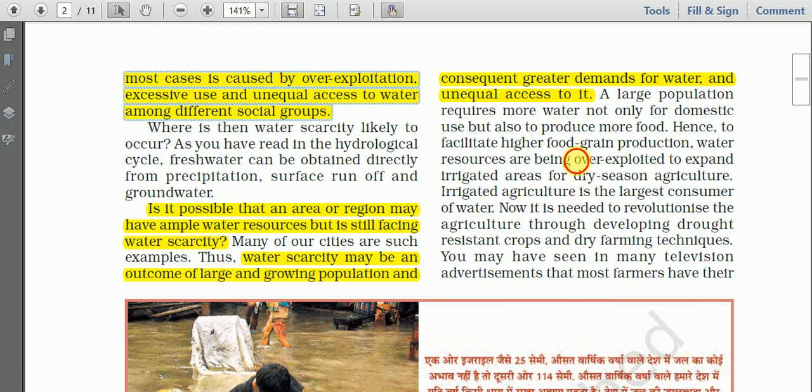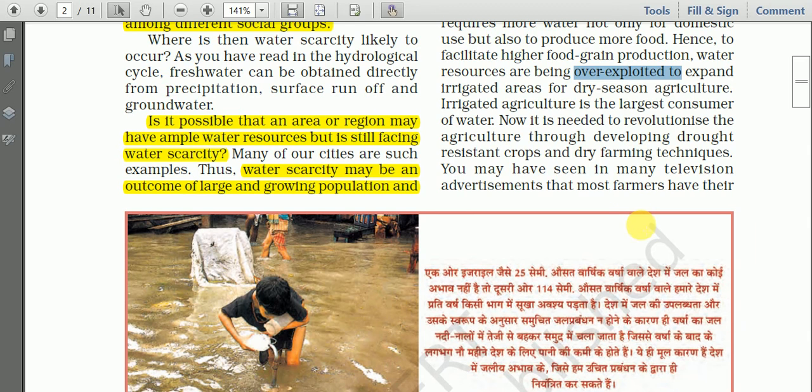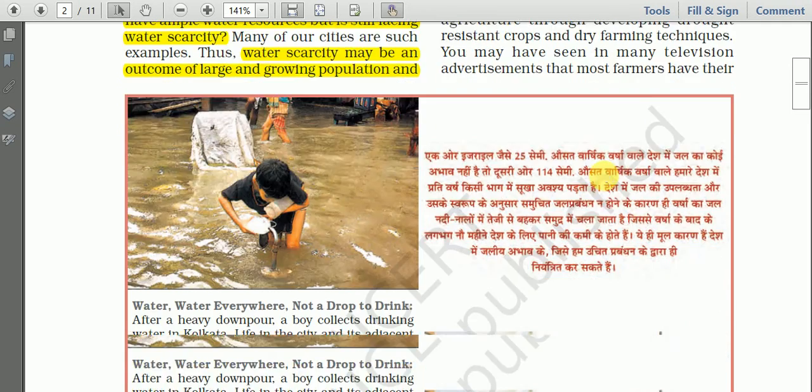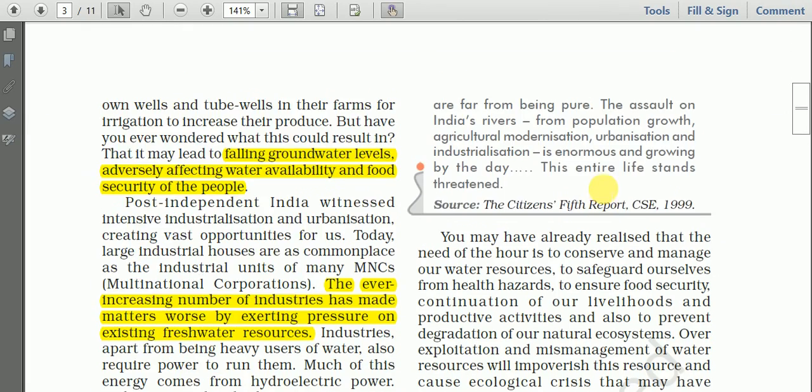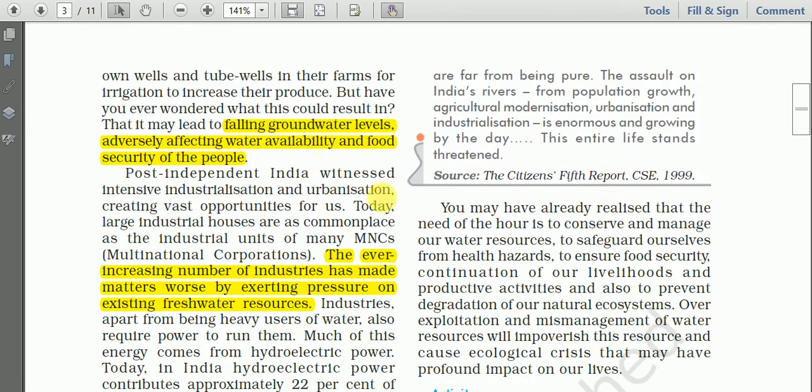How is water overexploited? Water is being overexploited because of the expansion of irrigation in some parts of India, like Punjab, Haryana, then the Western UP area. So this is another cause of water scarcity. Then let us find out other causes.